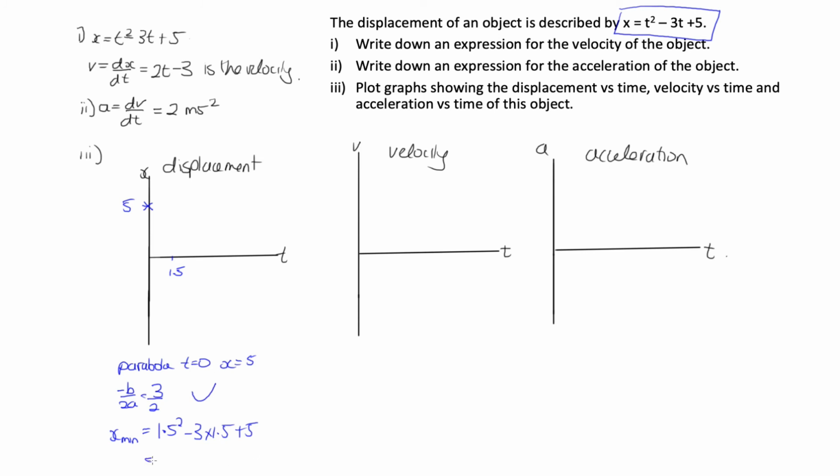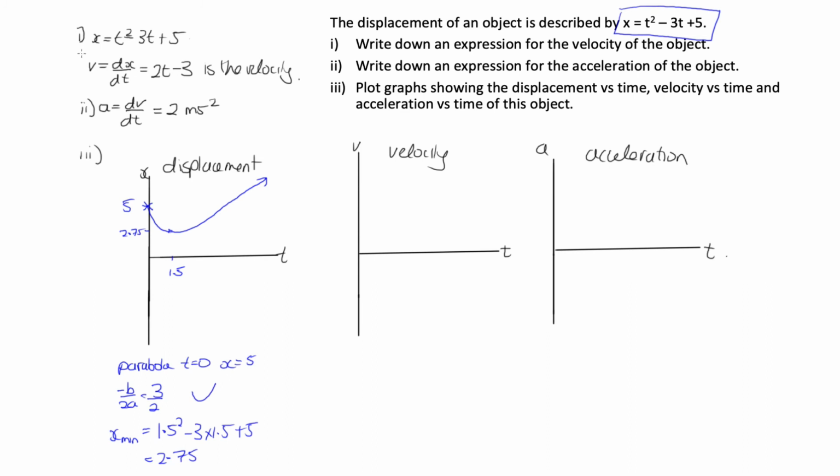Solving that on the calculator, we get 2.75. So here's 2.75. We'll go down there, and then it's a parabola which curves up like this, getting further and further, faster and faster.